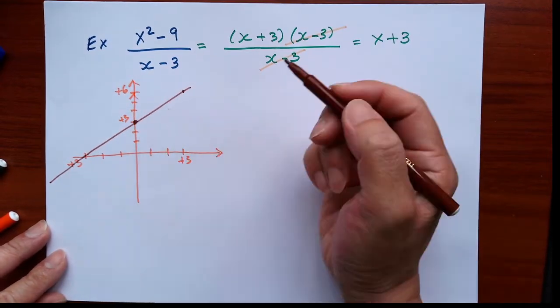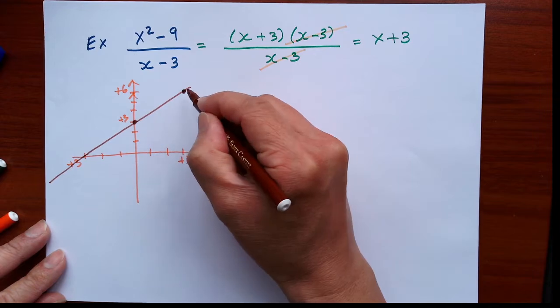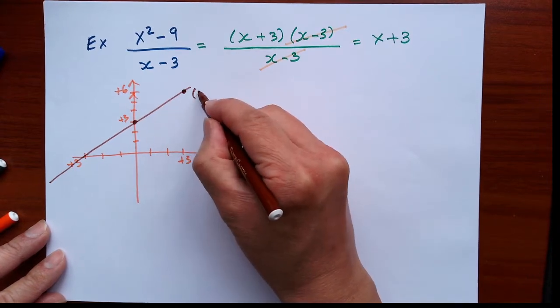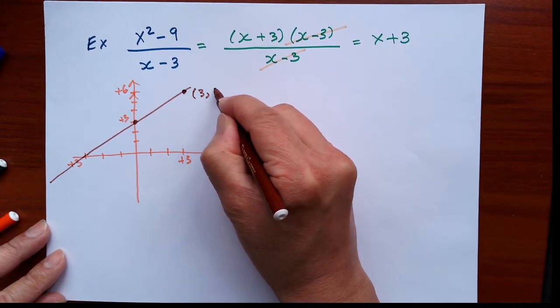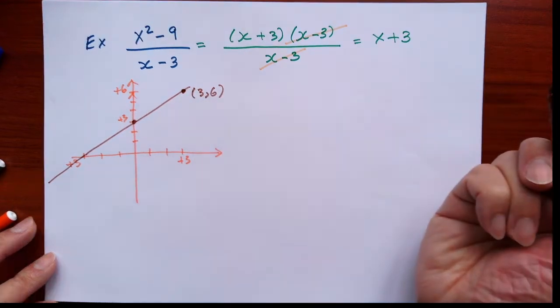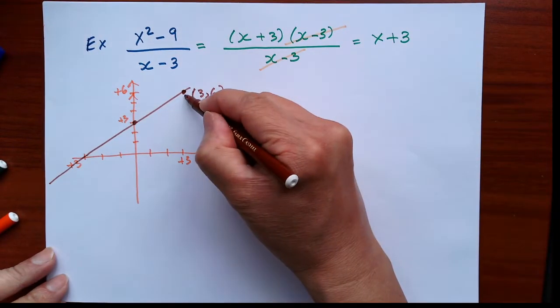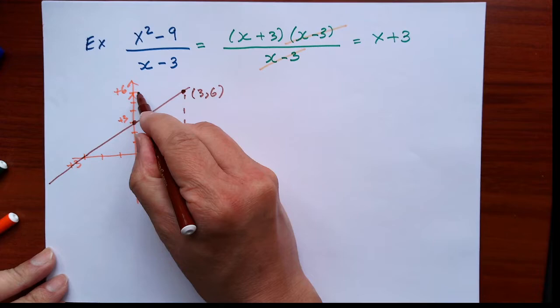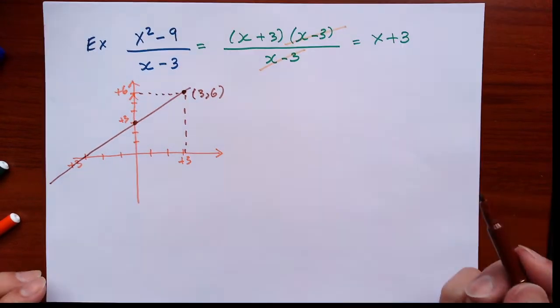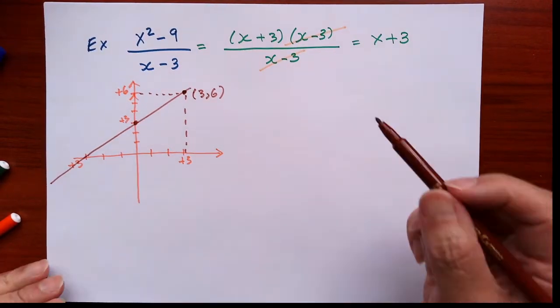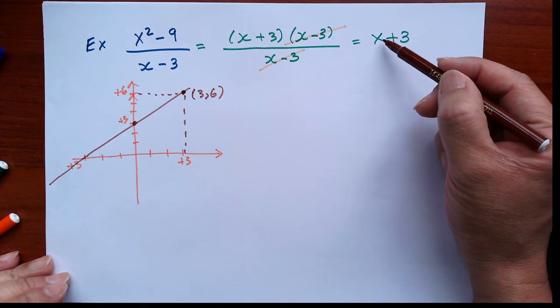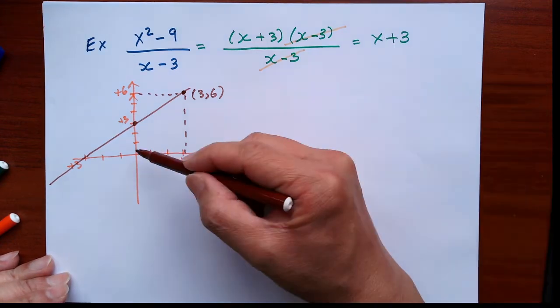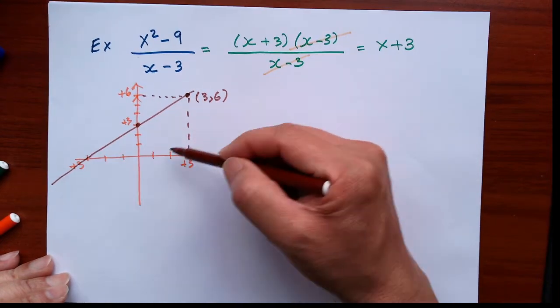It passes through 3, and there's a point with the value x equals 3 and y equals 6 right here. You can drop this down, drop this across. The slope is 1. It's shifted up by 3 at every single point.